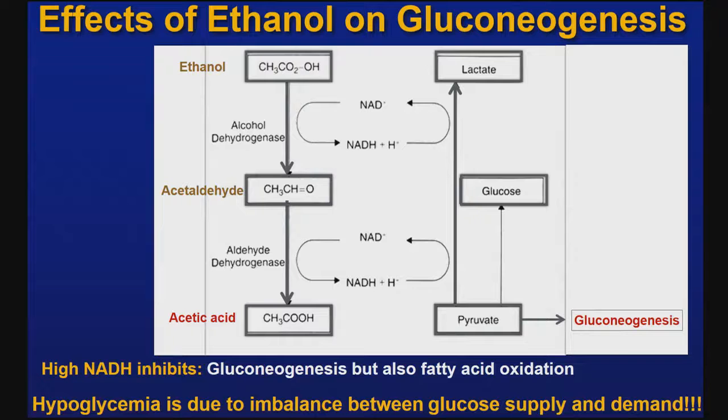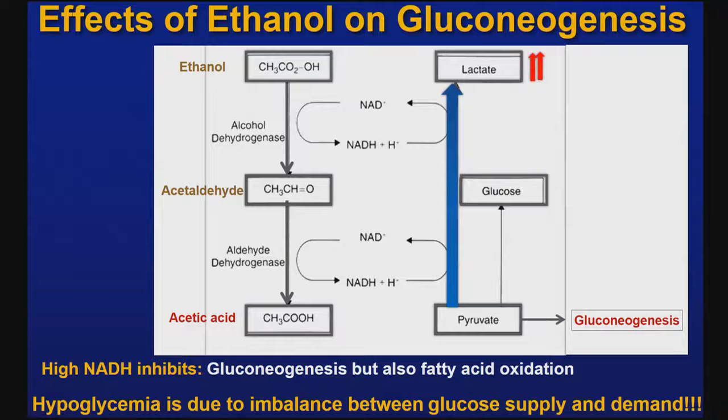What your body does to regenerate NAD+ is convert pyruvate to lactic acid. So alcohol metabolism generates a lot of NADH, and that NADH has to be reverted back to NAD+, so it passes the electrons to pyruvate, making lactic acid. That takes the substrates away from the gluconeogenic pathway. Does that make sense? Pyruvate is converted to lactic acid, and the lactate level goes sky high.